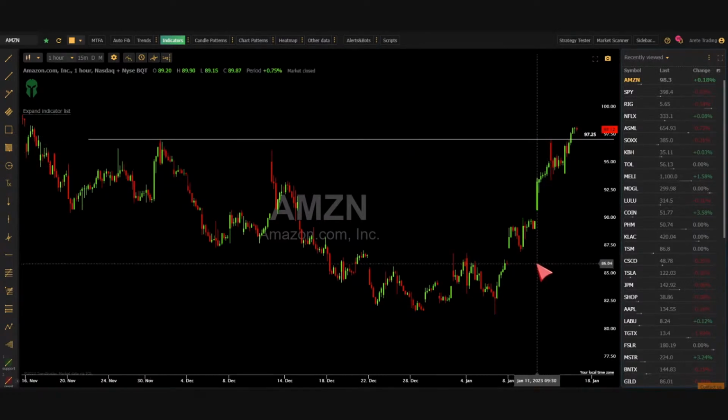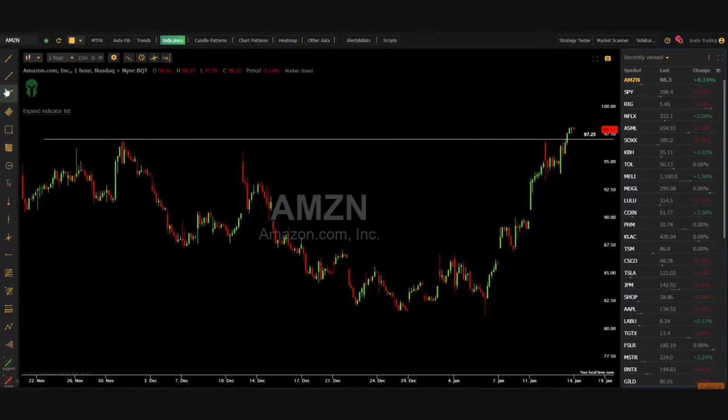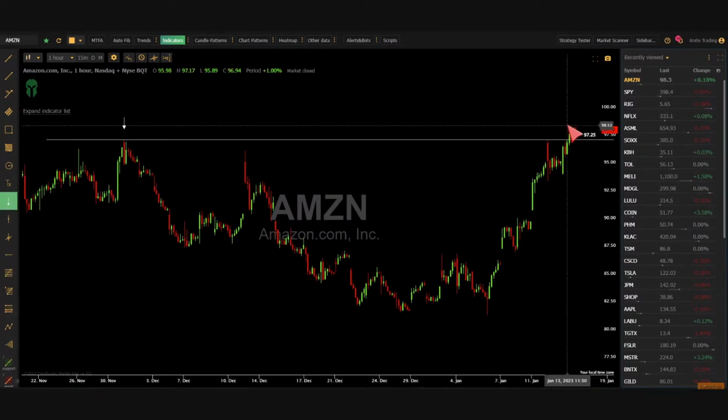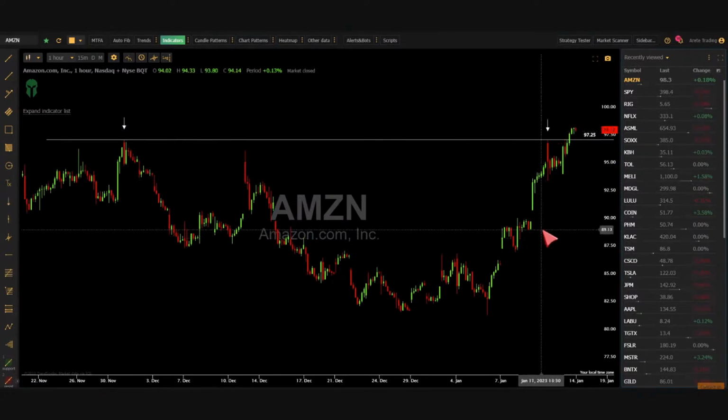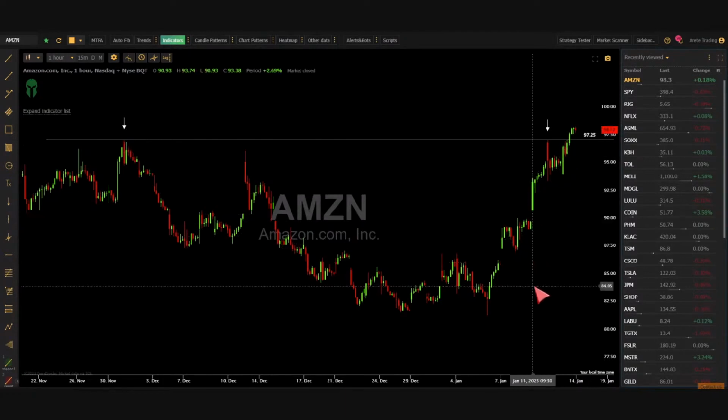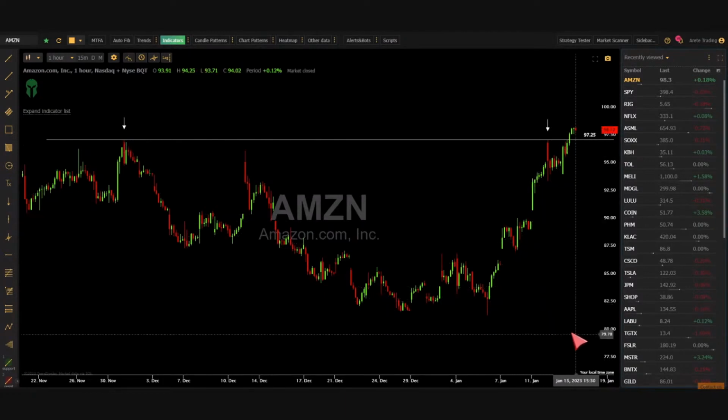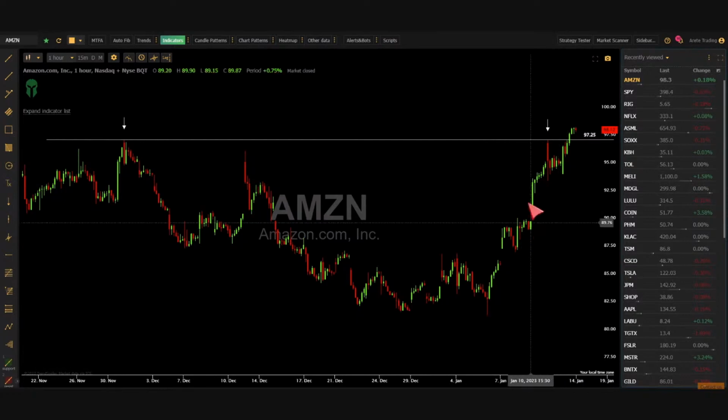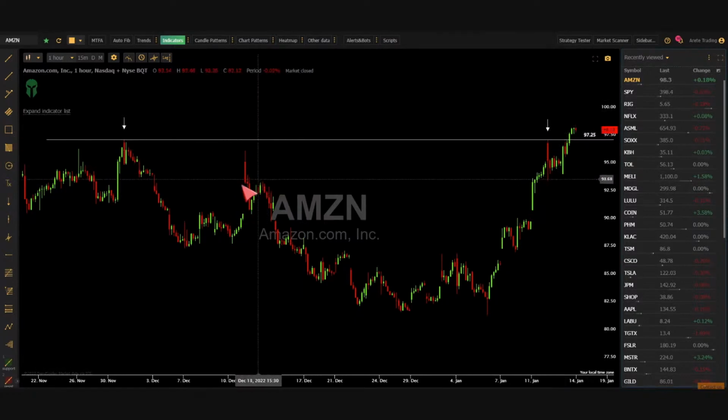We stopped dead, bounced. Now, this is on an hourly chart, and we're going to get into the time frames and the best way to use these time frames. But on this hourly chart, coming into this area, I was looking at it and saying, wow, we could really reject here. And if we do, it could be something like this, or something like this.